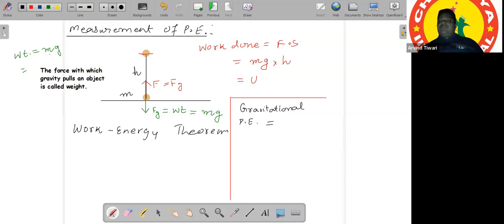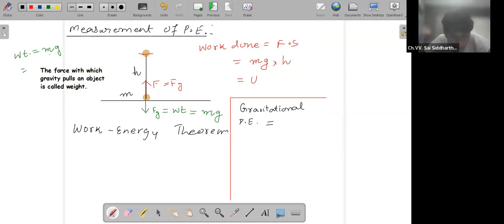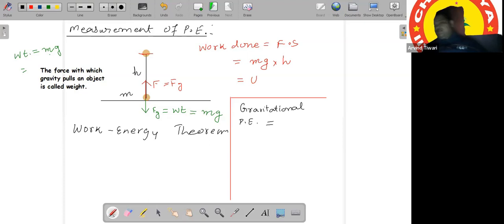We have just computed it. Siddharth, are you able to speak? The formula of gravitational potential energy is mgh. So it has the gravitational potential energy which is given by mgh.